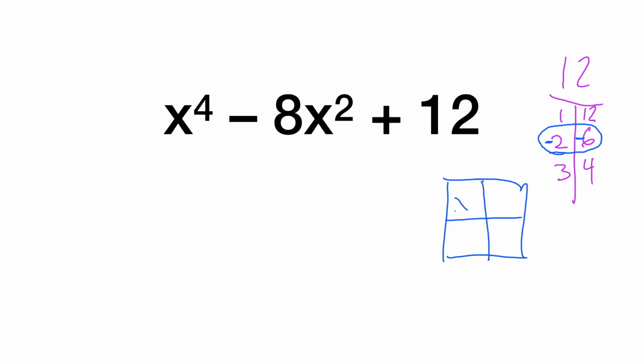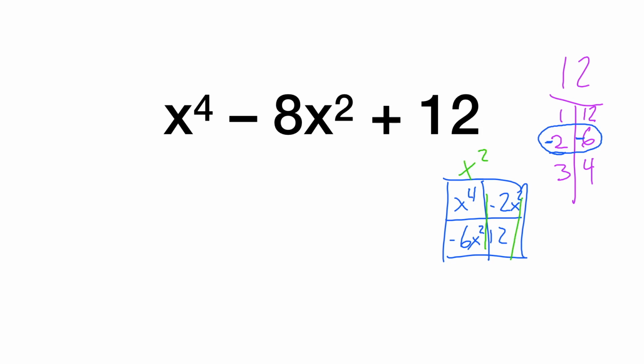So let's see. X to the 4th, 12, negative 2x squared. Oh, I didn't write to the 4th. I wrote squared. Negative 2x squared and negative 6x squared. So let's see. Greatest common factor between x to the 4th and negative 6x squared is x squared.